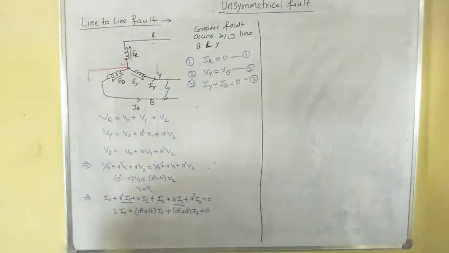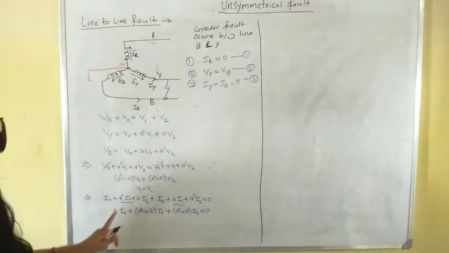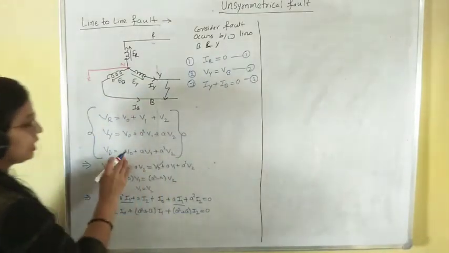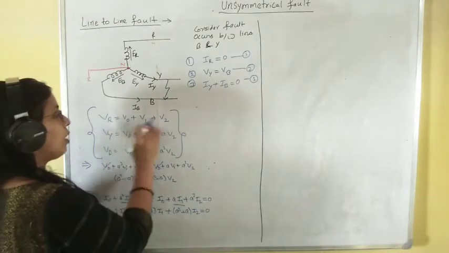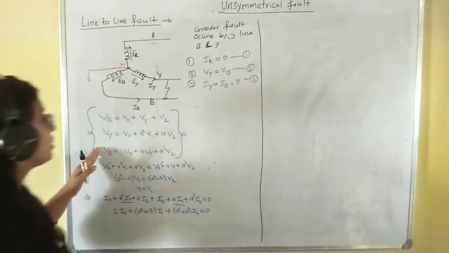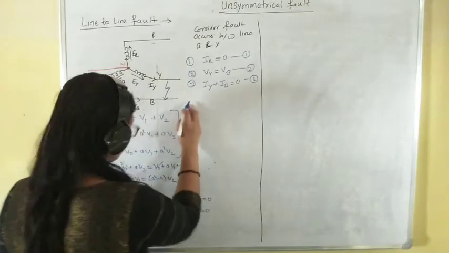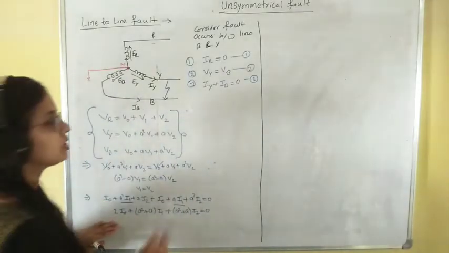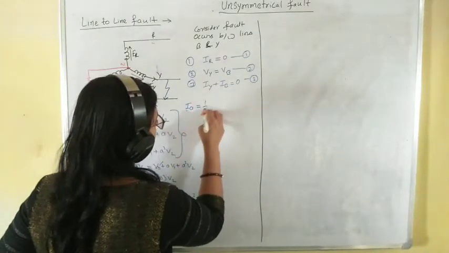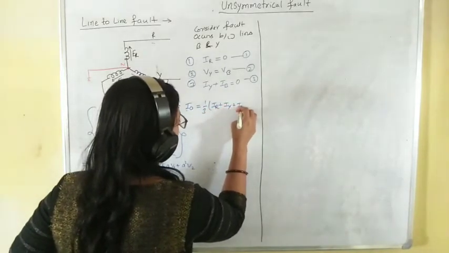Okay. So for calculating this equation, first we have to find the zero sequence current. As this was the equation, similarly its opposite gives how we find the sequence components from the line values. In this condition we are just finding the zero sequence current. So I naught equals 1 by 3 times (IR plus IY plus IB).